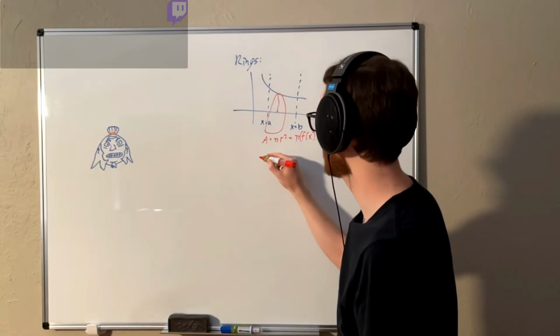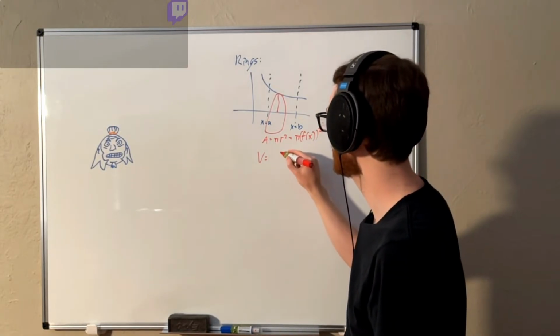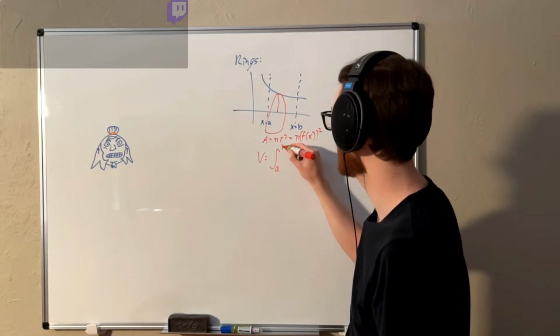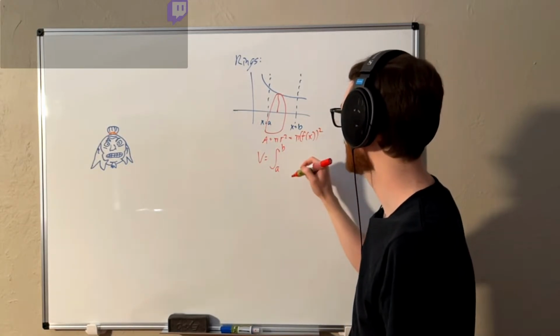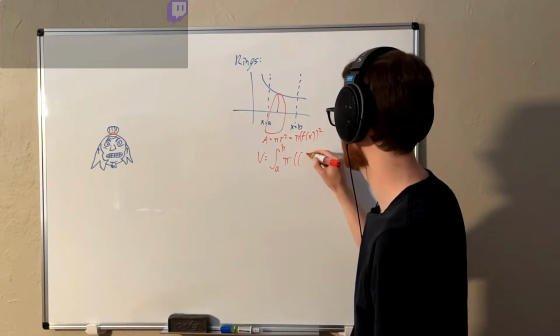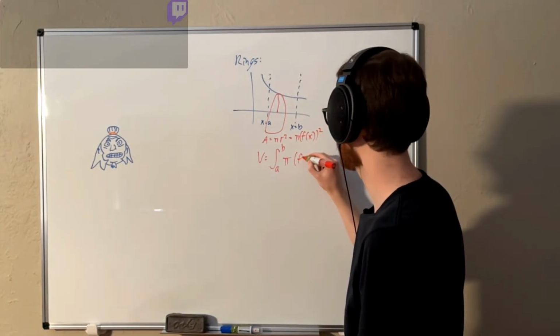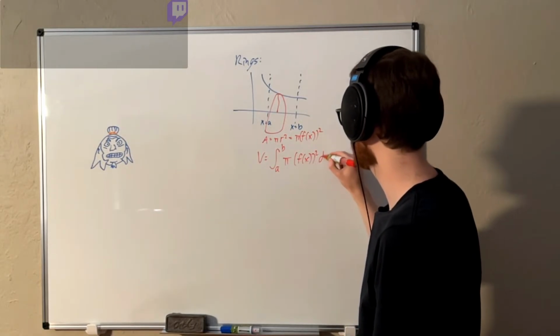So what we would do is we'd say that the volume of this thing is equal to the integral from a to b, and then we're integrating our area. So pi times, that's not quite right, pi times f of x squared dx.